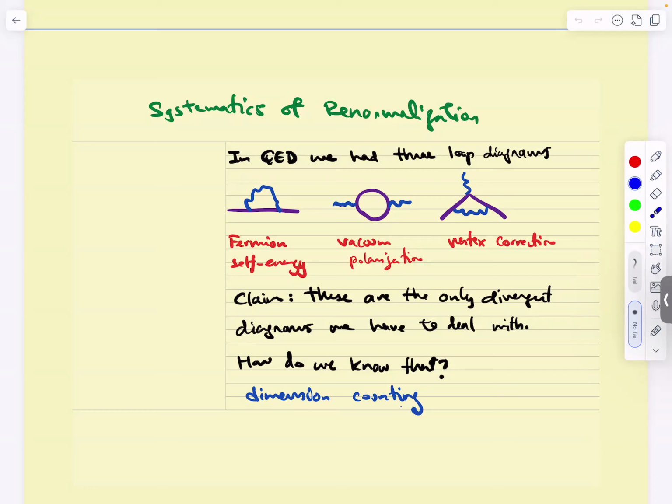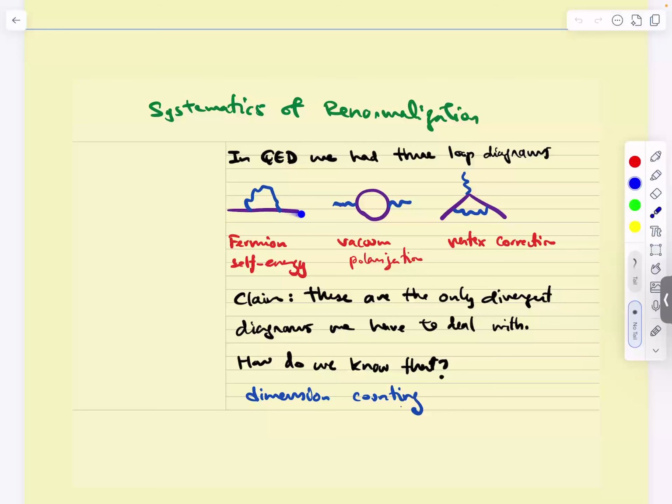So this is the first lecture on renormalization, and I'm going to start where we ended last semester. In quantum electrodynamics, we discussed three one-loop diagrams, right?